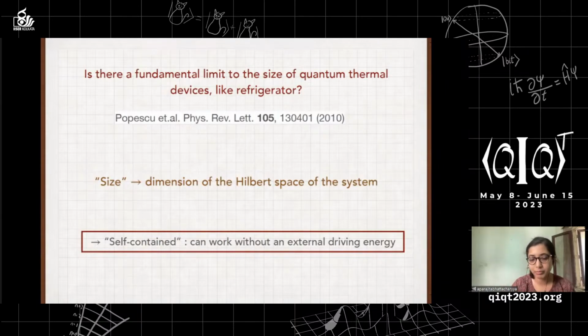In our paper, we have used the model taken in their paper. In the first part of my talk, I'll briefly discuss how the refrigeration actually occurs in that model, or the principle behind the cooling of the smallest possible quantum refrigerator.